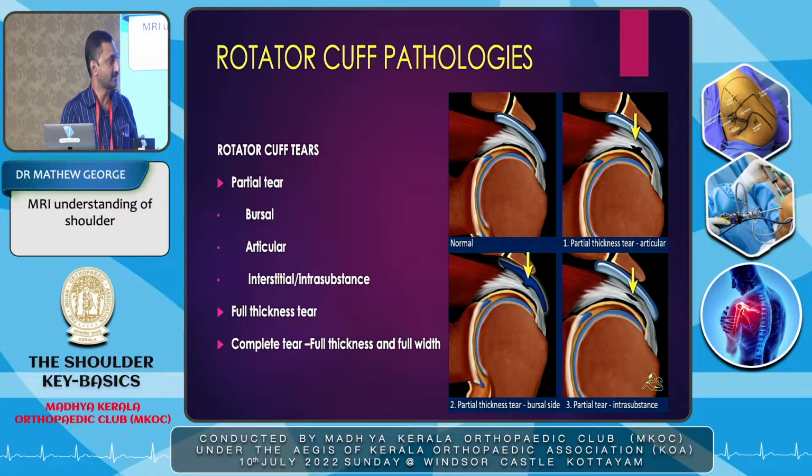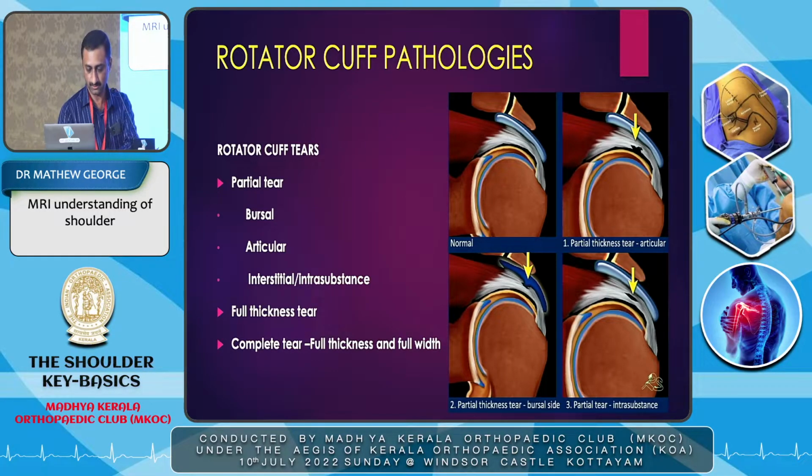Now this is a tear which is not picked up on arthroscopy, and only we radiologists pick it up. That's the intrasubstance or interstitial tear, which does not communicate to both the surfaces. So it's just inside the substance. It can actually extend into the insertion point or even into the muscle, where you can get ganglion formation and all that. So that is regarding the partial tear.